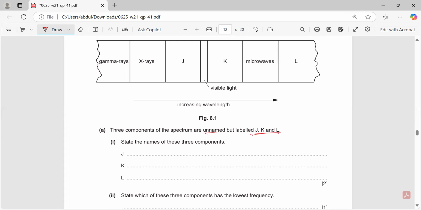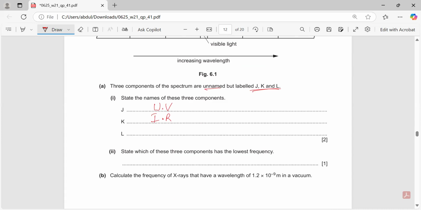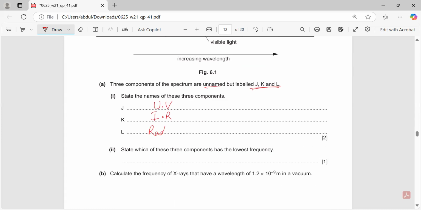See the order we must remember. From the increasing wavelength point of view: gamma rays, X-rays, ultraviolet. So J is ultraviolet. Visible light, infrared. So K is infrared. Microwaves and radio waves.